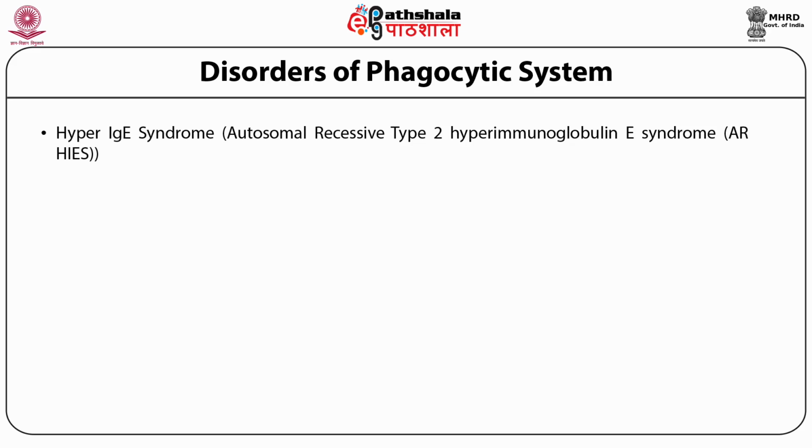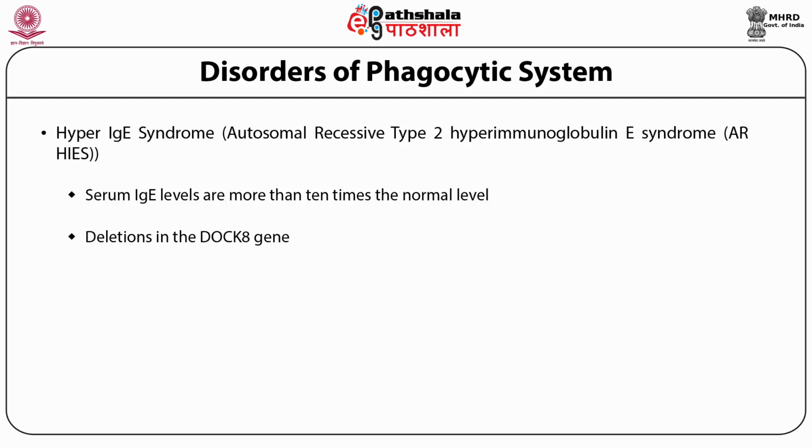Hyper-IgE syndrome or autosomal recessive type 2 hyperimmunoglobulin E syndrome, also called AR-HIES. In this case, the serum IgE levels are more than 10 times the normal level. The cause behind type 2 HIES is the deletion in the DOCK8 gene.